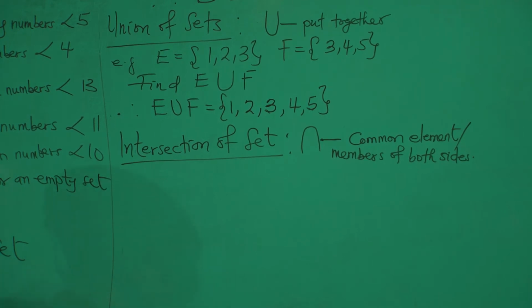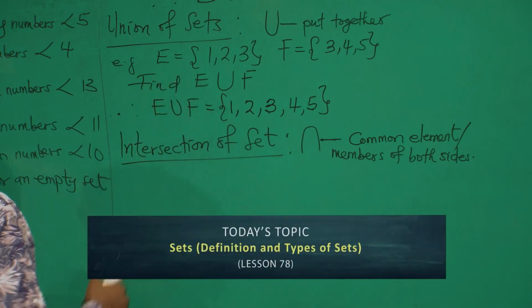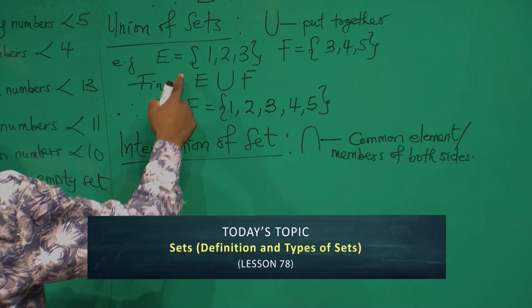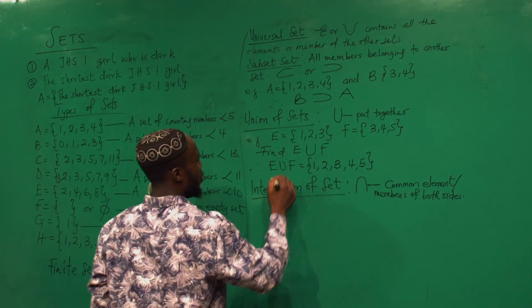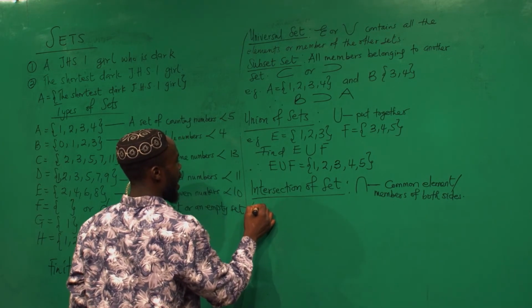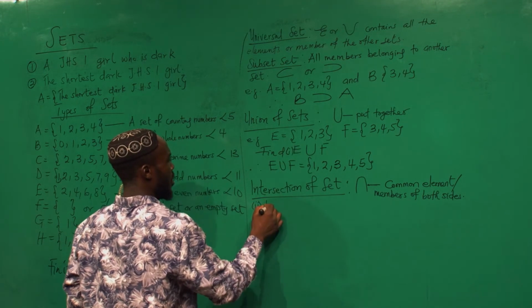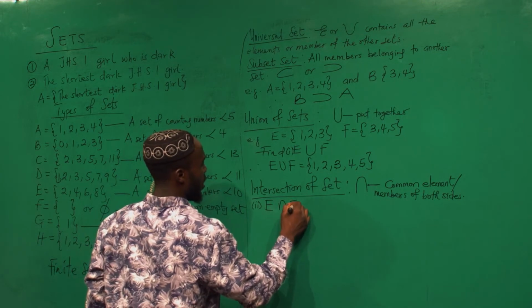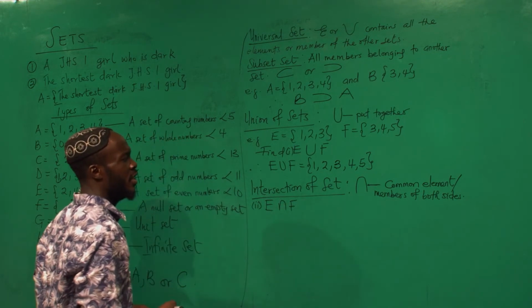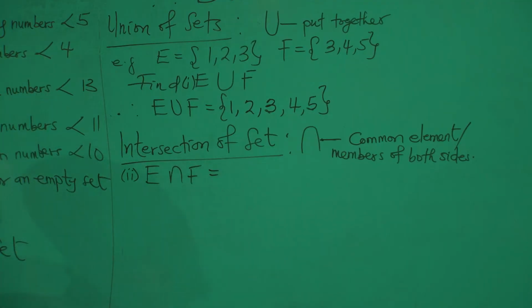So let's say, looking at the first example at the union of sets, let's use the same example. If we are being asked to look for, let's say this is I, so this is II, E intersection F. This means what element or member belongs to both sets.